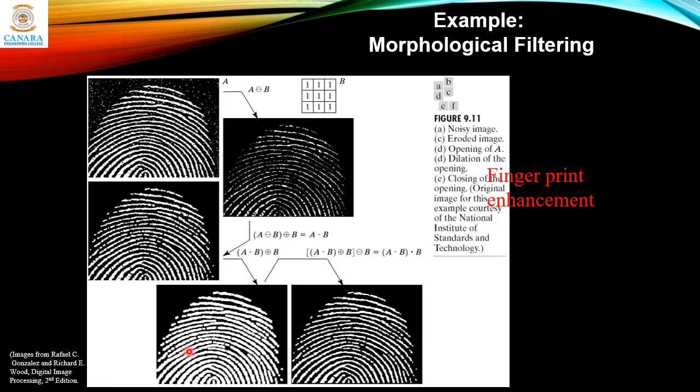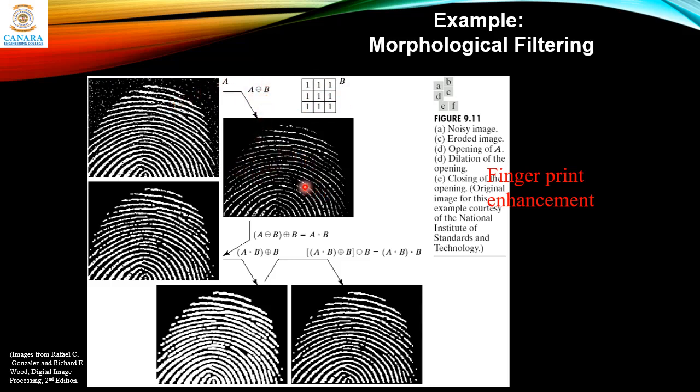Opening and closing can be effectively used as morphological filters. So here is the input image, which is noisy and has some broken edges. We can use this opening and closing concept to correct that. So A is the input image and B is the structuring element, which is a 3x3 grid of ones. Now first step is we perform the erosion. A erodes B and this is what we get.